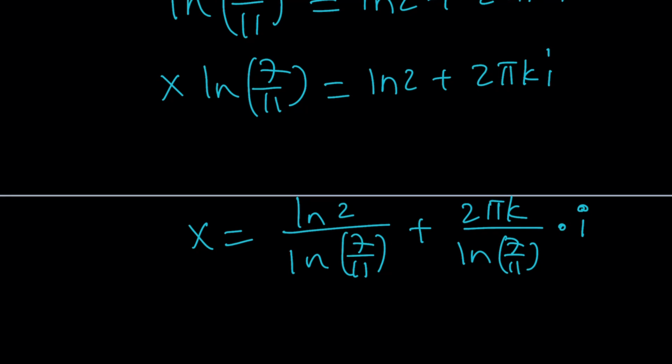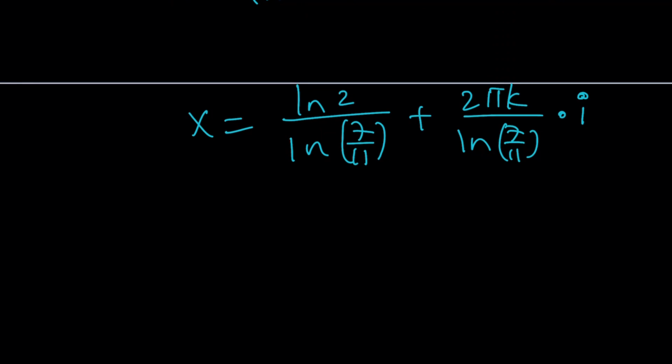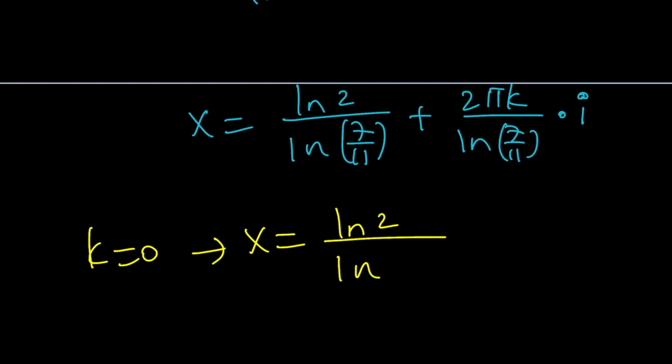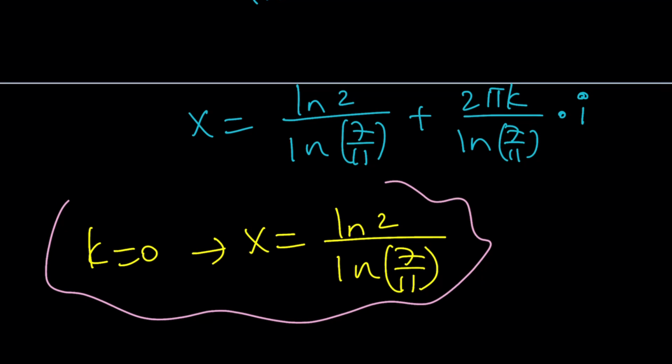And as before, if k is equal to 0, x becomes ln 2 over ln 7 over 11, which is a real solution. Okay? And of course, for any k value besides 0, you're going to get infinitely many complex or imaginary solutions. So one real, infinitely many complex solutions to this equation.